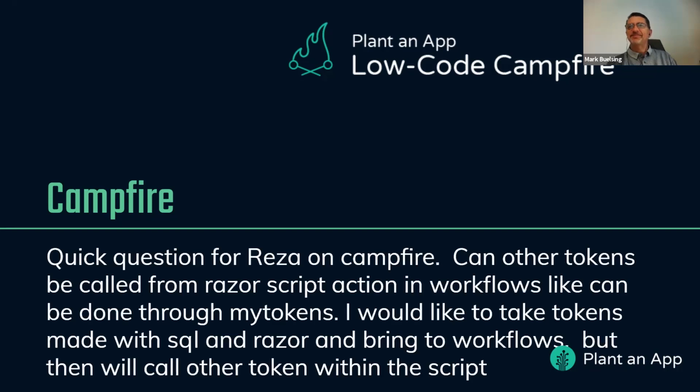Okay. All right. So we got a quick question, and it came in by email. It was a quick question for Reza, but even I can answer this one. It was about tokens being called from Razor script within workflows. It came from somebody in a time zone where it's the middle of the night, so he can't attend.